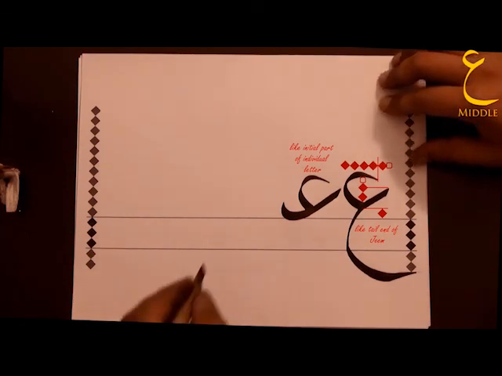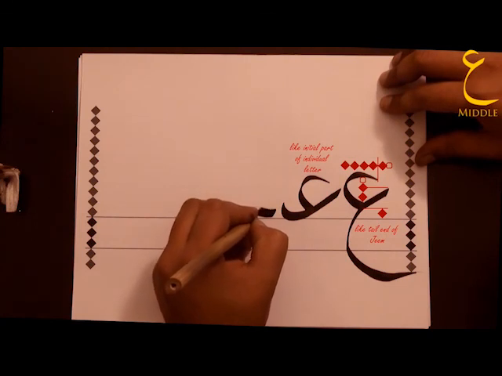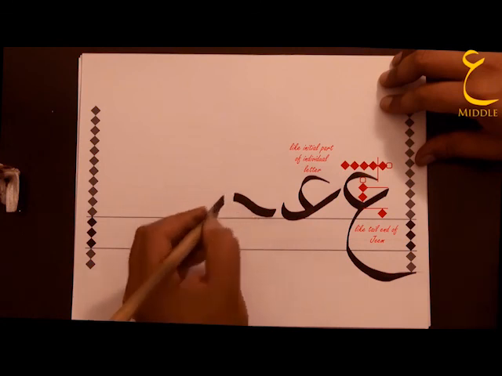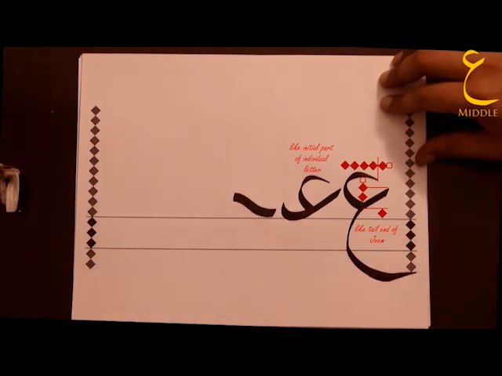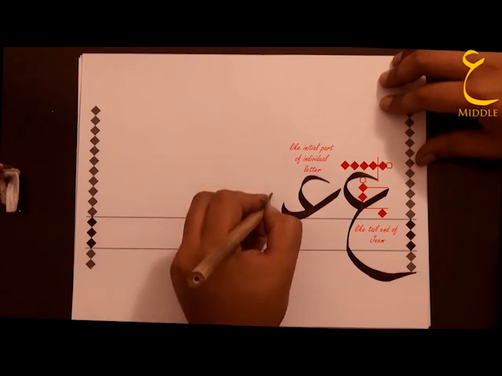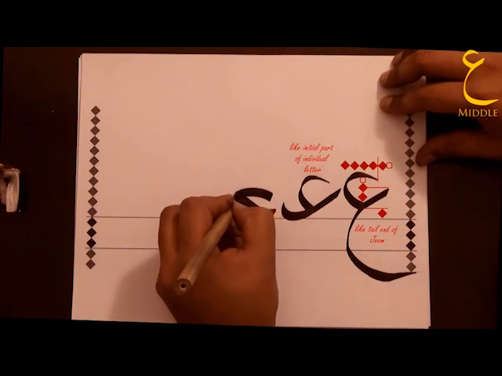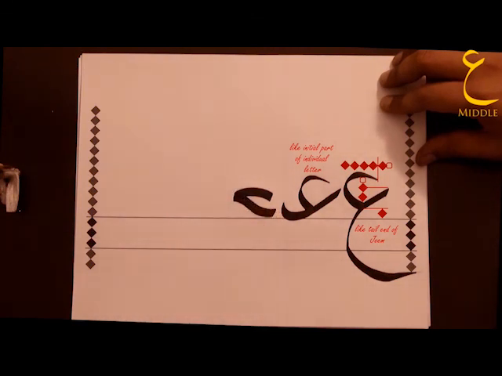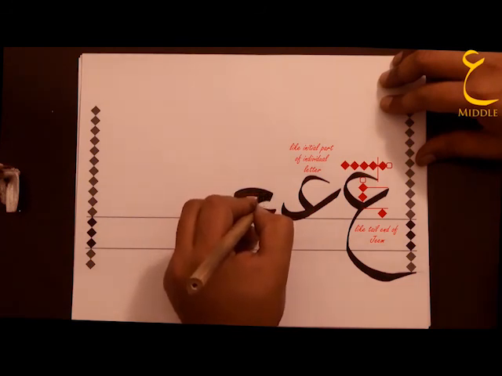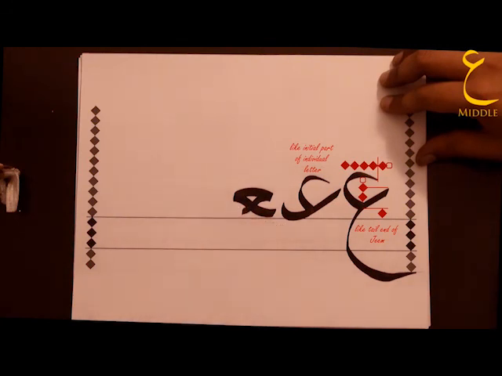When Ain appears in the middle of a module, there are some notable differences between this version and the version we learned in Nasr. So we would start off the same way. We would curve back up, and then we would create a curved but symmetric stroke on top, and then the second stroke would look like this.